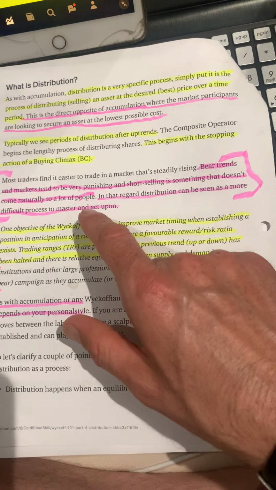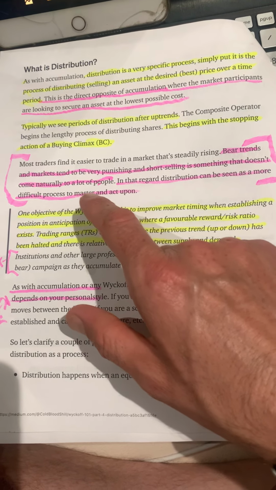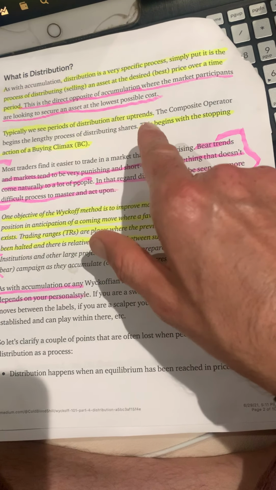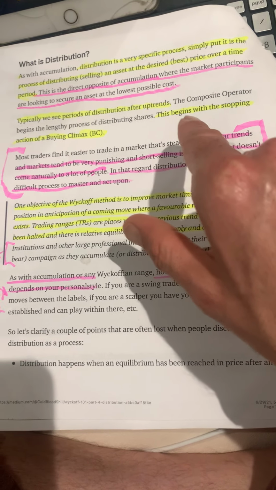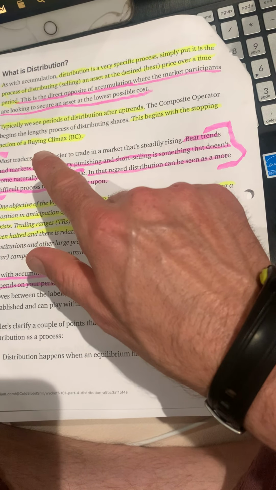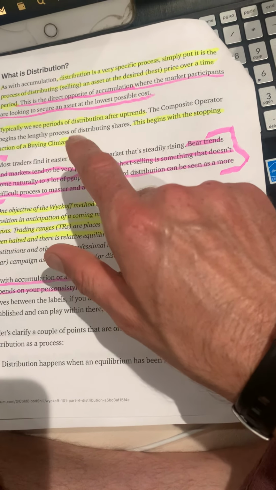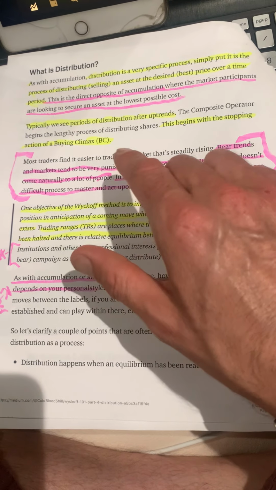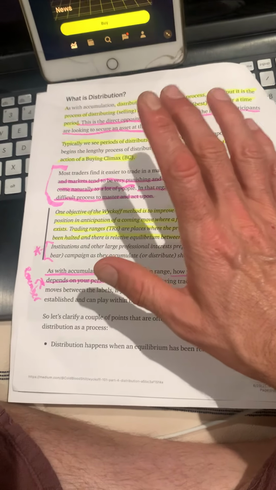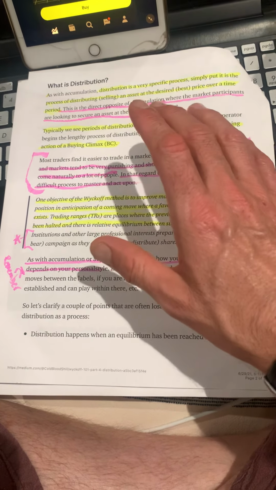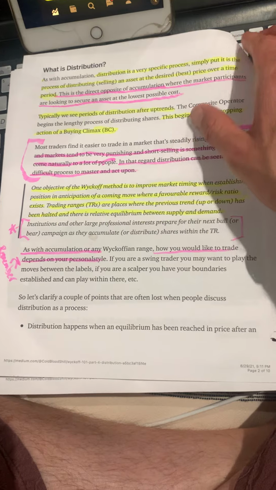Typically, okay, so this begins with the stopping of the action of the buying climax. We went into some vocab words yesterday in the previous article. Today there's more vocab words, and they will relate.